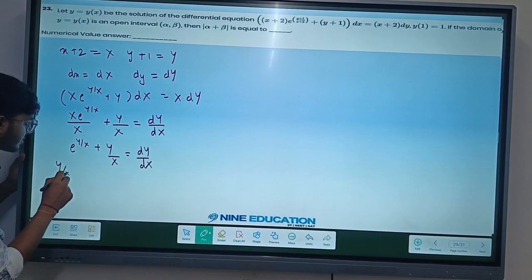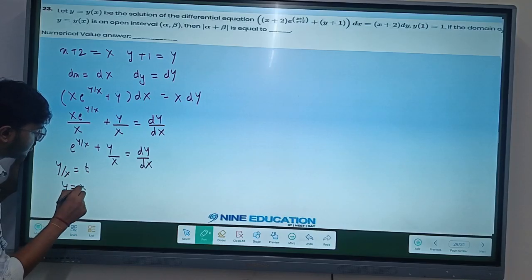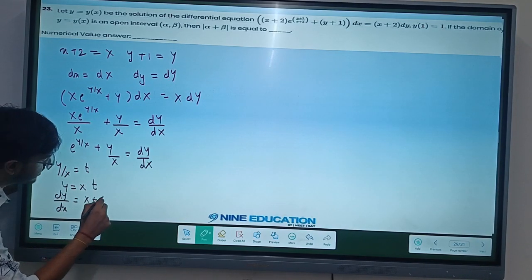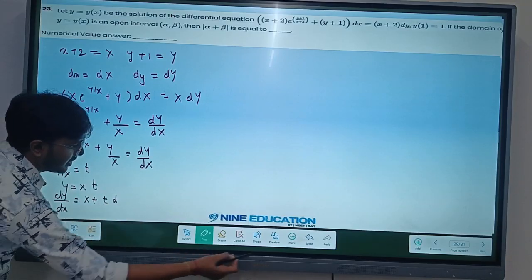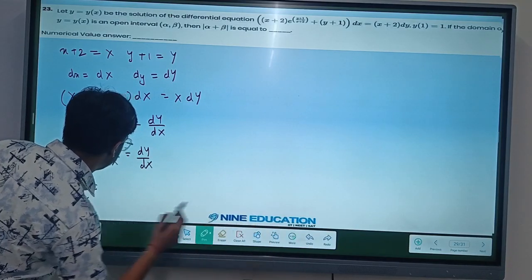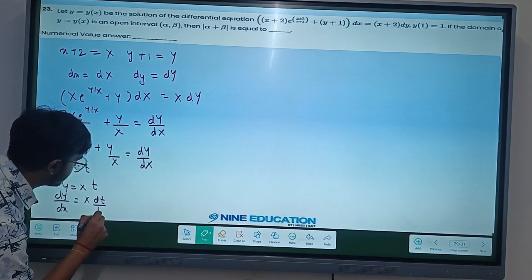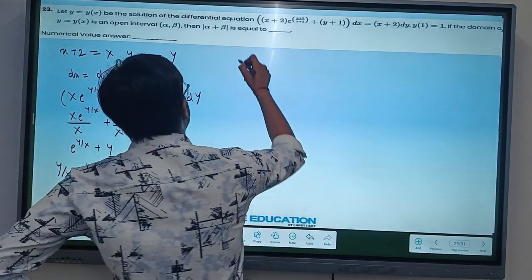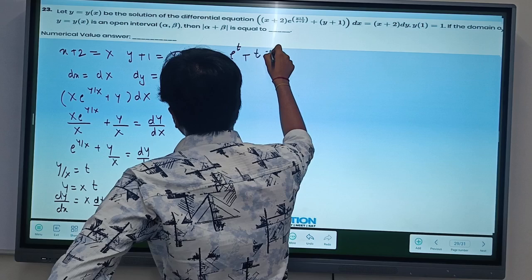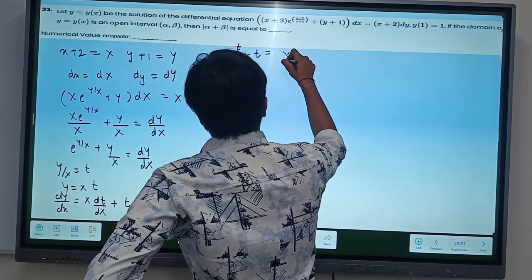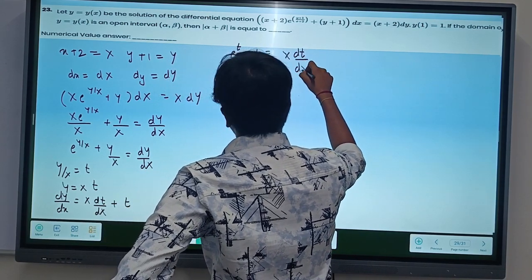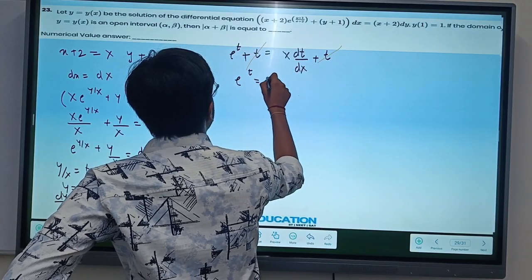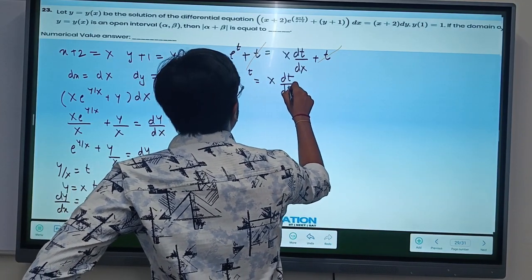We'll take y by x as t, y equal to xt, differentiate: dy by dx is equal to t plus x dt by dx, differentiation of t, plus t differentiation of x is 1. So e power t plus t is equal to x dt by dx plus t. T cancel. So e power t is equal to x dt by dx.